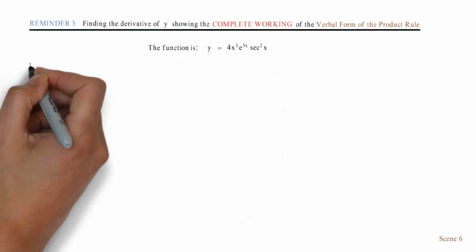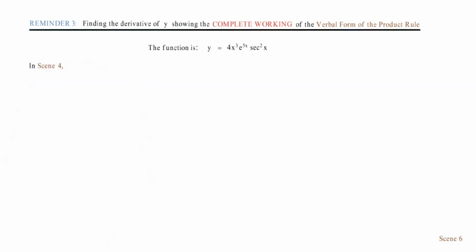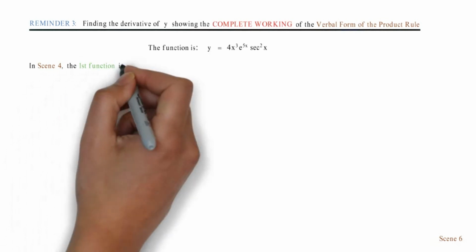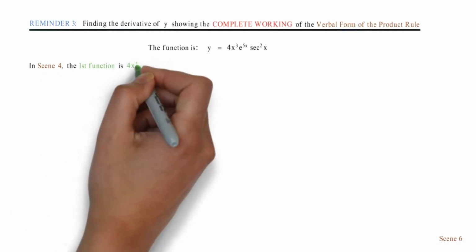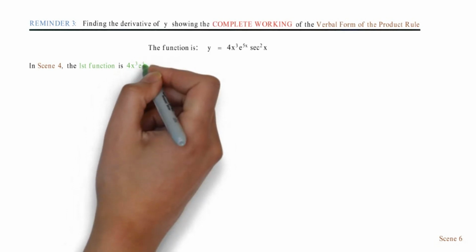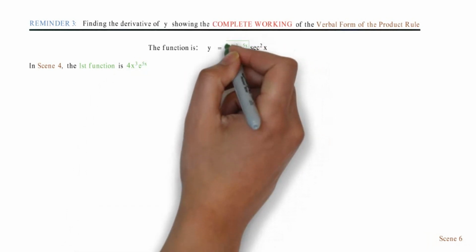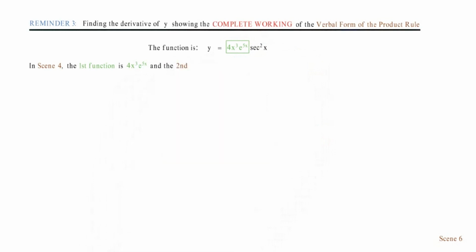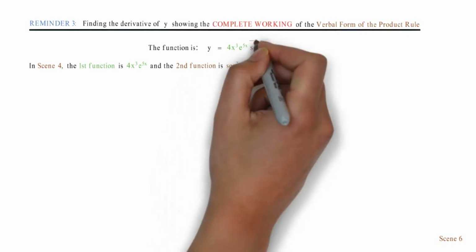Reminder 3. The function is in scene 4. The first function is 4x cubed e to the 5x, and the second function is sec squared of x.